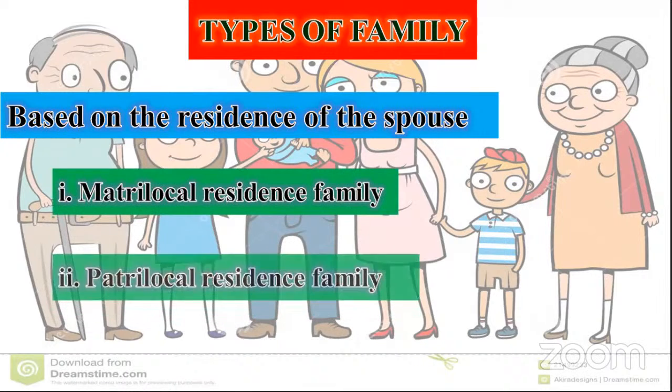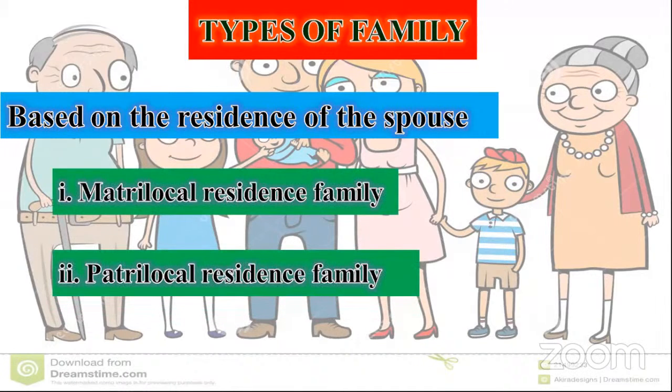Based on the residence of the spouse, matrilocal residence family and patrilocal residence family. Matrilocal residence family is related to the mother, and patrilocal residence family is related to the father.